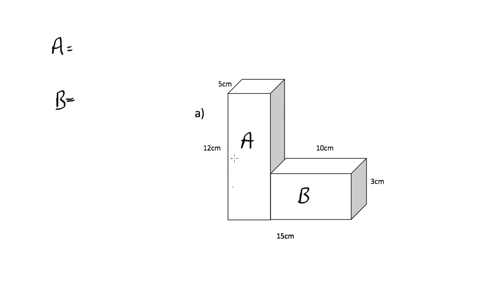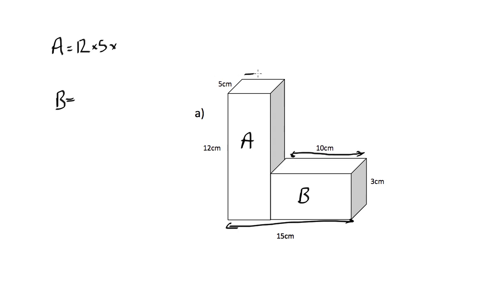Now for A, we've got the height is 12, the length is 5, so let's try and work out what the width is. Remember cuboids, these lines are parallel to each other, and you've got right angles as well. So if this whole length here is 15, that is 10.